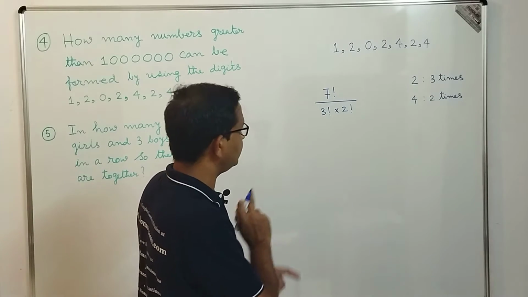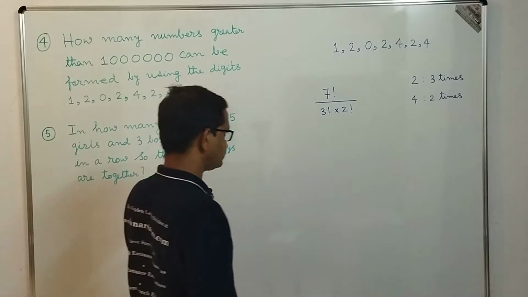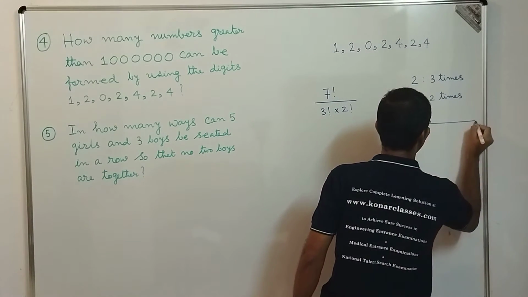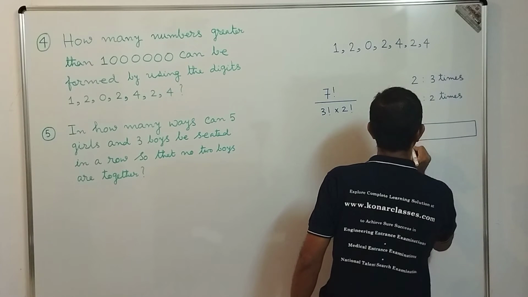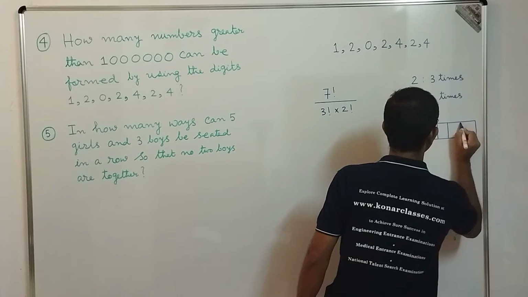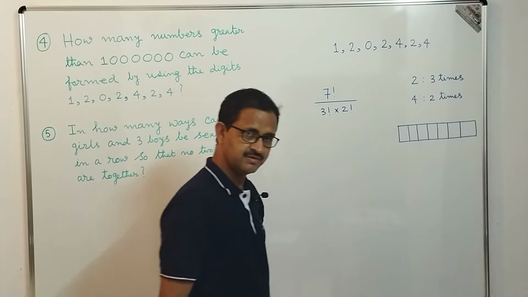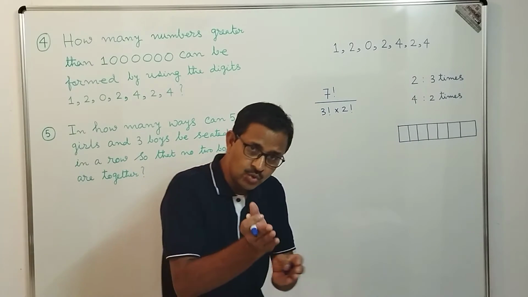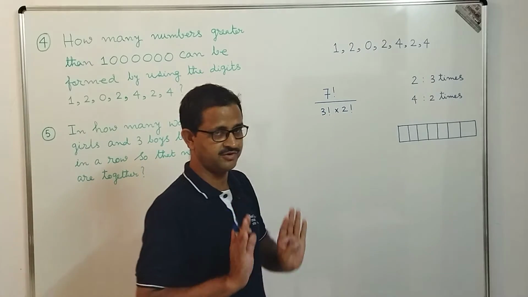Now in all those 7-digit numbers, there will be numbers starting with 0. If we write this 7-digit number with 7 placeholders, it will look like this: 1, 2, 3, 4, 5, 6, 7. All these digits, if you arrange them here, the total number of arrangements is 7 factorial divided by 3 factorial into 2 factorial.